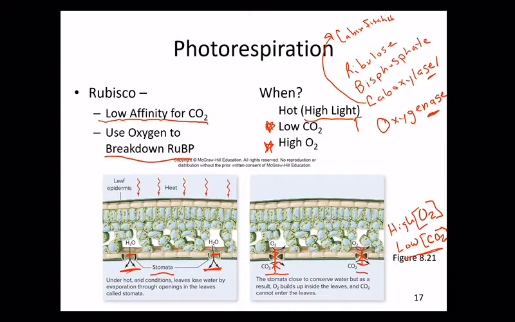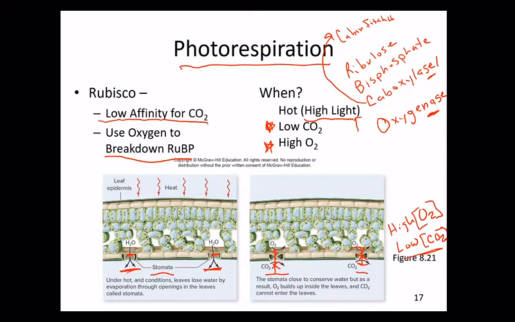And this high light means that there's a lot of light energy to be captured by the light reaction, which means a lot of water will be split, releasing a lot of oxygen. And so plants that rely on the Calvin cycle alone have this issue, is that rather than going through carbon fixation, they're going to go through the process known as photorespiration.